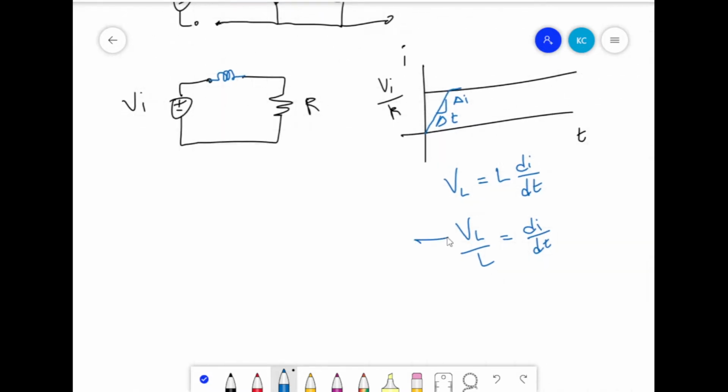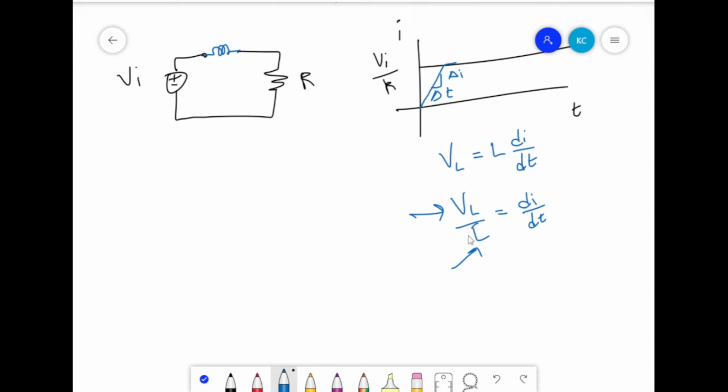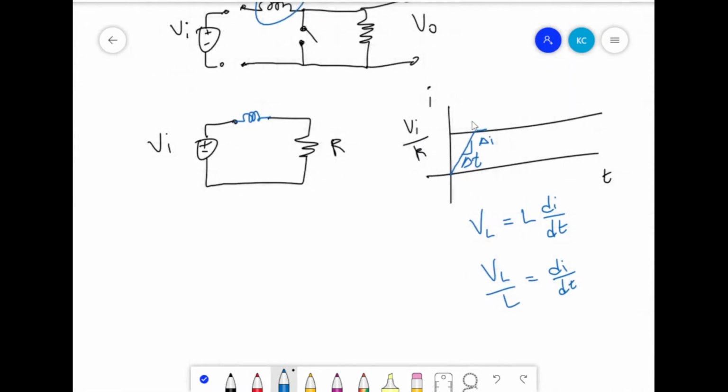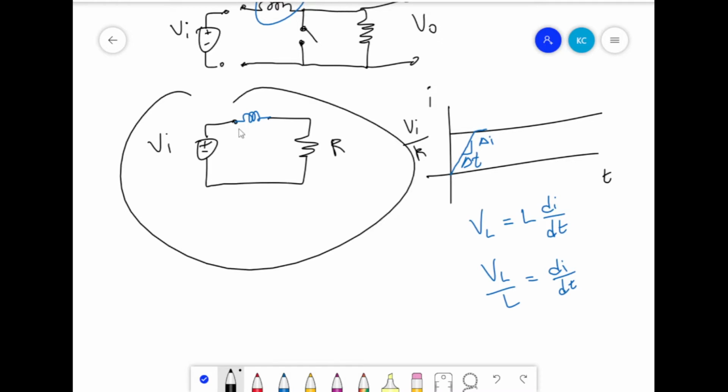So if we have 10 volts and 10 henries, that's going to reduce to 1 amp per second of slope. That's just an example. So this is the principle of the buck.